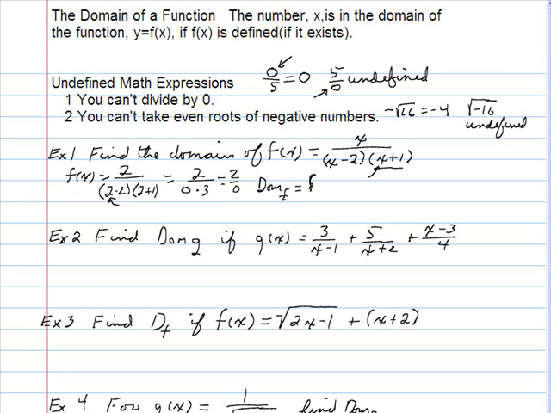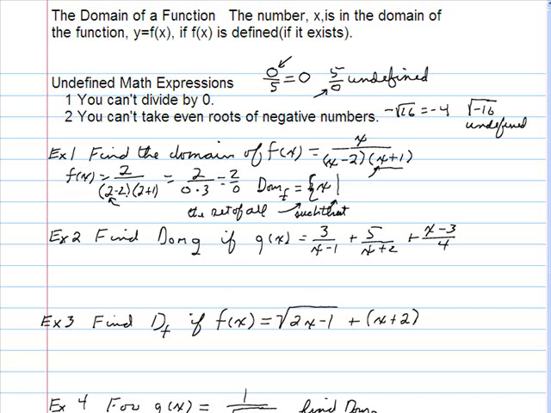So I write this curly bracket to mean the set of all. And it's the set of all x such that. The vertical line means such that, or with the following properties.